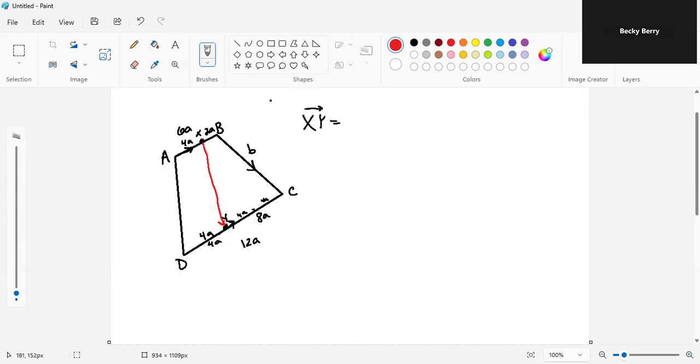Well, we can go in the 2a direction, and then in the b direction, and then backwards along the 8a. So 2a plus b, and then minus the 8a. We can combine the 2a and then minus 8a because they are similar with the a. 2 minus 8 is a negative 6. So negative 6a plus b.